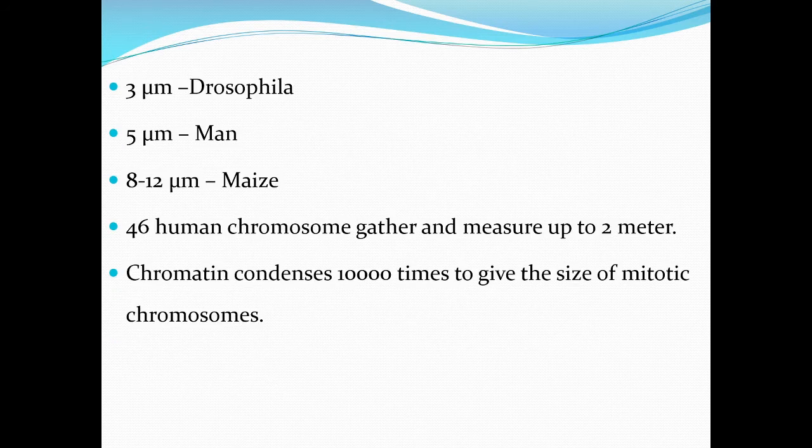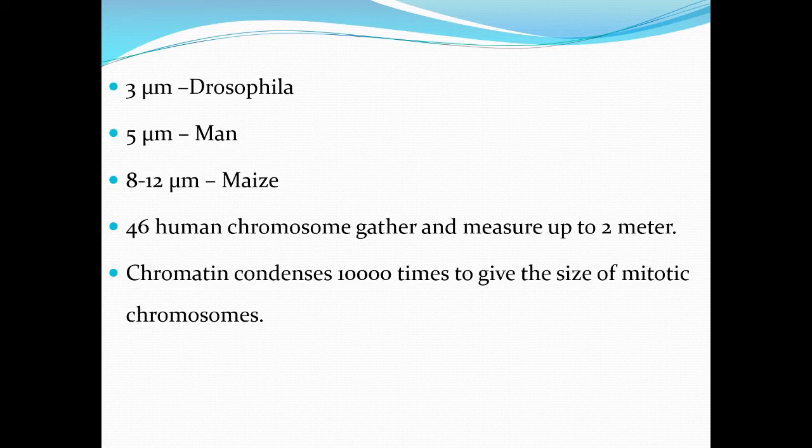Some other examples: Drosophila has a 3 micrometer long chromosome, man has a 5 micrometer long chromosome, maize has an 8 to 12 micrometer long chromosome. In a human being, there are 23 pairs of chromosomes, in which 22 pairs are autosomes and one is a sex chromosome.